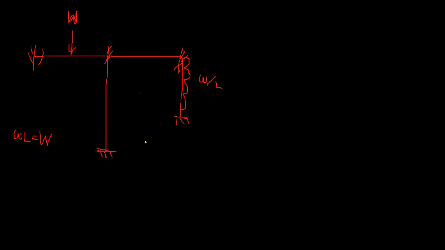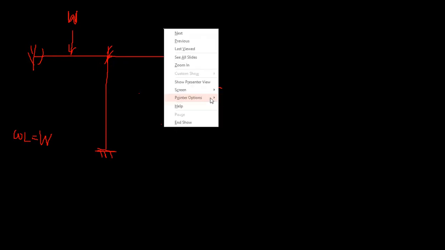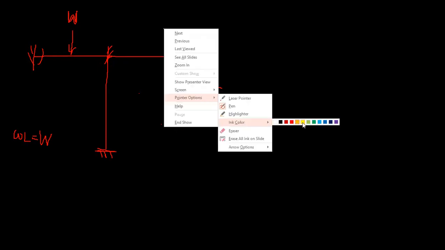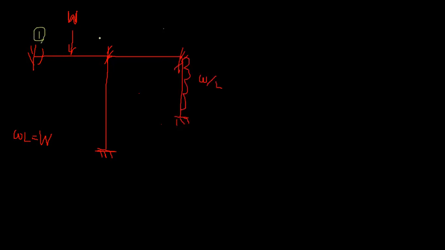So now what we need to do? We are working in the displacement method, so we need to consider the equilibrium of these joints, that means the bending moments. So first, the bending moments at my redundant coordinates 1, 2, 3.